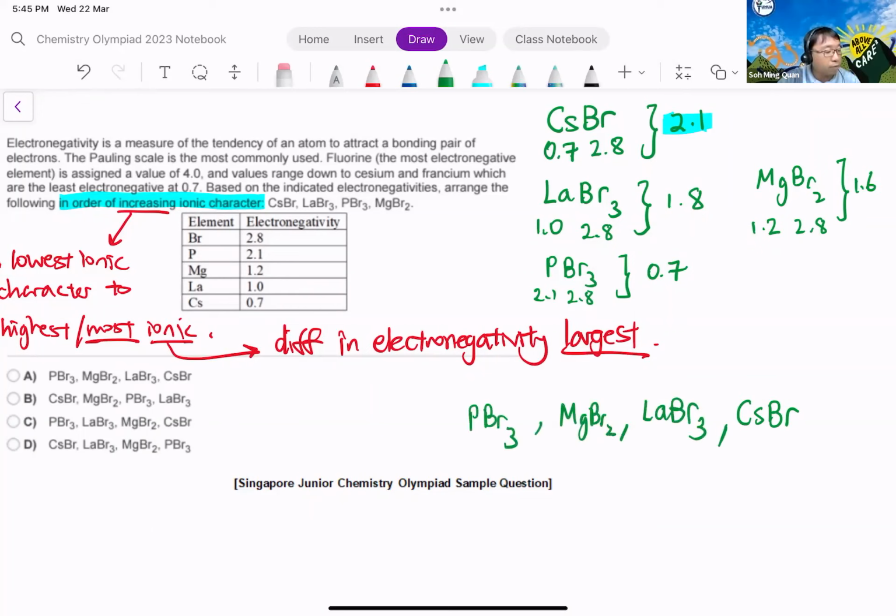So this is the order, least ionic to most ionic. Based on this, the answer will be A. This is a sample question from the Singapore Junior Chemistry Olympiad.